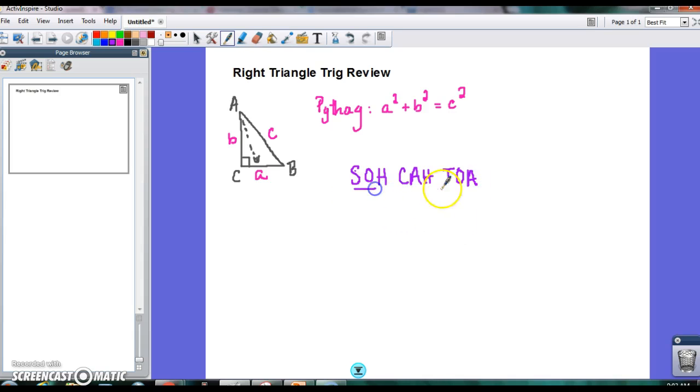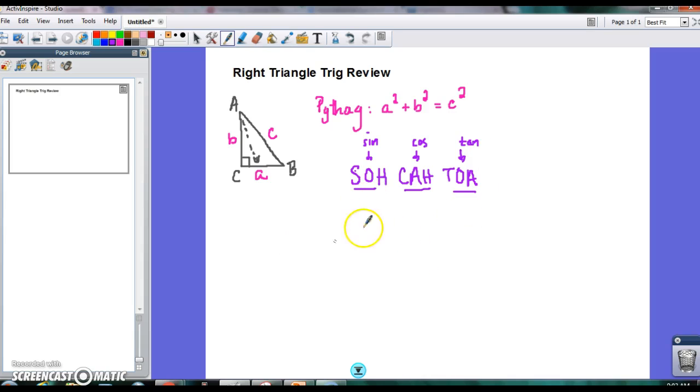All these do is help you remember the ratios between the sides, and we have a name for each of those ratios. This is sine, this is cosine, and I'm abbreviating, and this is tangent.